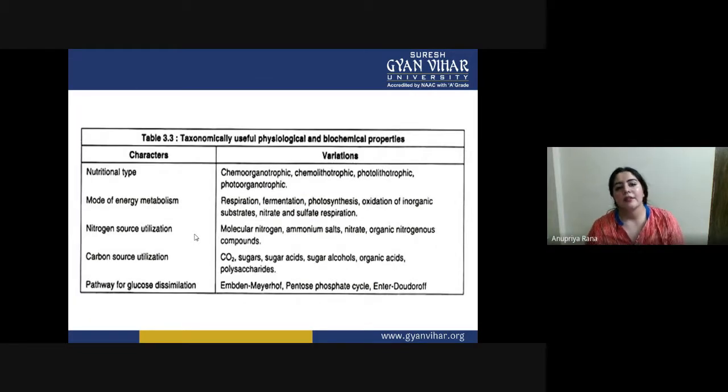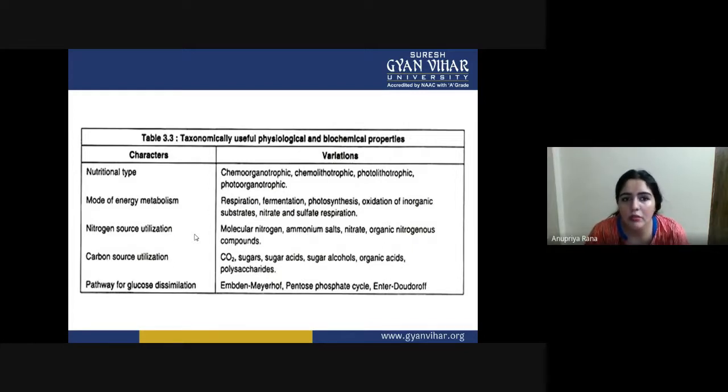The third one is taxonomically useful physiological and biochemical properties, in which we have to look at characters like nutrition type. Not all bacteria get nutrition by photo, which means photosynthesis.